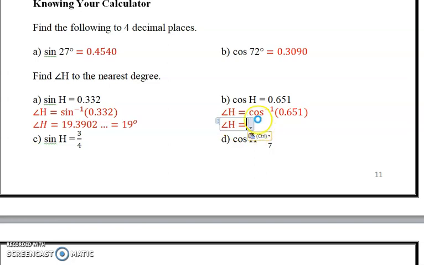We put second function cos, so that'll give you the inverse cos of 0.651, close your bracket, and you get 49.38295, it doesn't matter, dot dot dot, which equals, and it says to the nearest degree, so that'll just be 49 degrees. Still a degree sign there. And the next one.